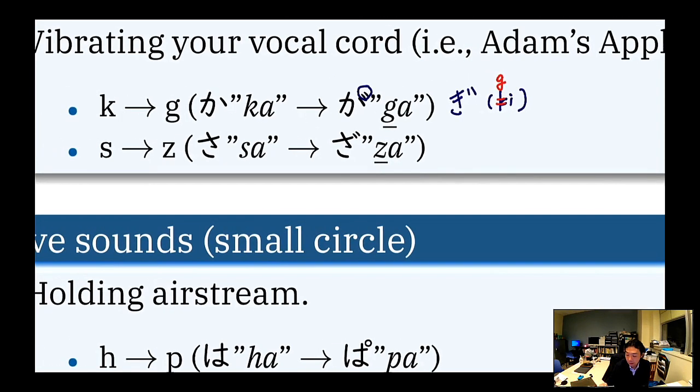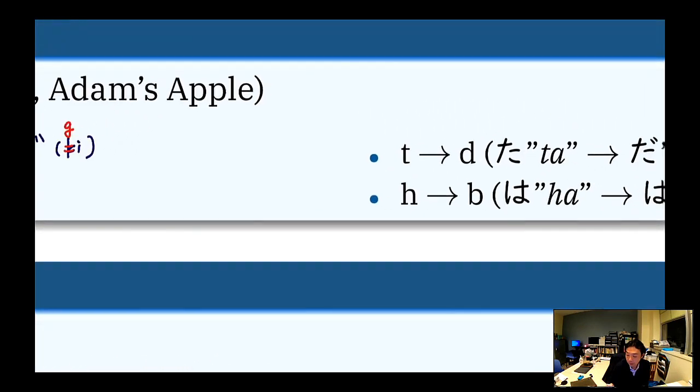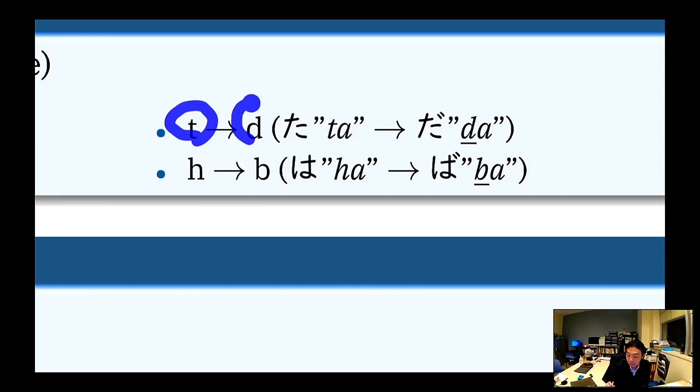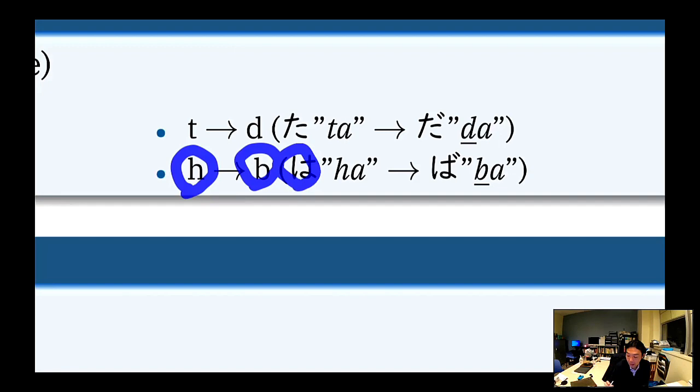The same way, S sound becomes Z sound by adding two dots. So this is sa, this is za. T sound becomes D sound, ta, da. H sound becomes B sound, ha, ba.